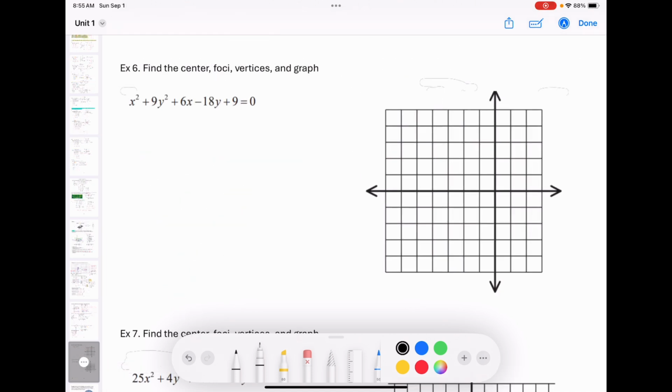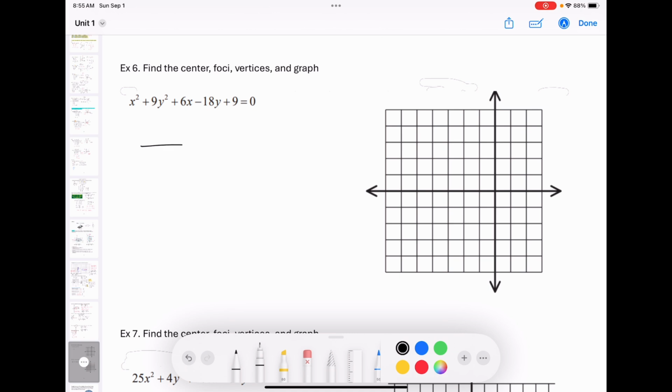Okay. Question 6. Find the center, foci, vertices, and the graph. We're learning ellipse in this lesson, and this one is not in the form of the ellipse.